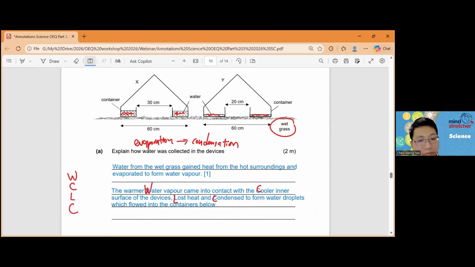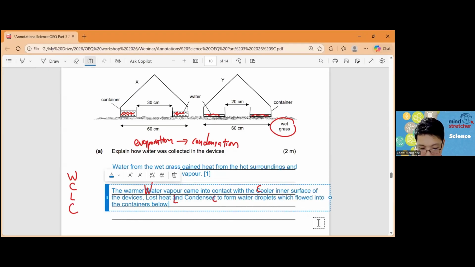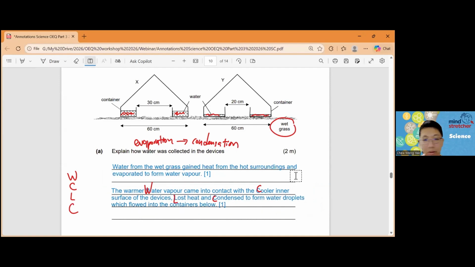This is the second mark. So you must complete it because the question asks for water collected in the devices. So you have to tell me that the water droplets will then flow into the containers or drip into the containers.